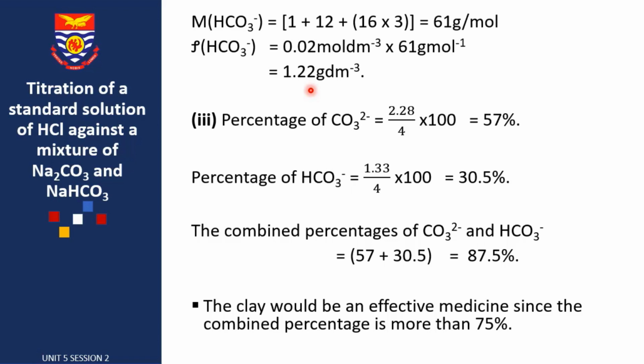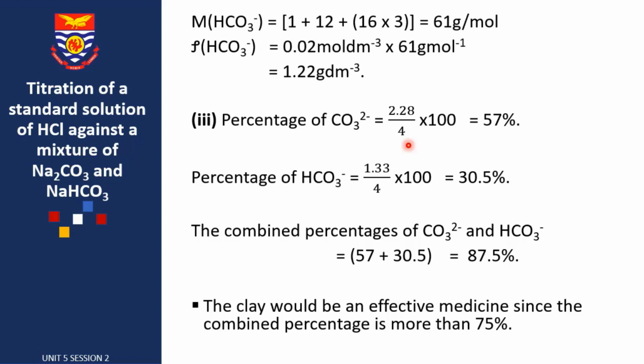For the percentages, we know the total mass of the clay was 4 grams. We have been able to find the masses. Remember, if the mass of, let's say, carbonate is 2.28, the mass concentration is 2.28 grams per decimeter cube.